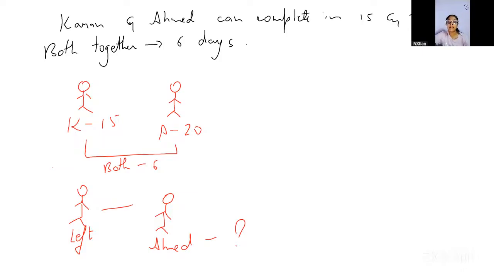Then we will calculate how many days it's going to take him. If he completes the full work in 20 days, we multiply the remaining work by 20 in the end to find out how many days it's going to take him to do the remaining work. This is a little lengthy but easy. If you do it logically, it's going to be easy.